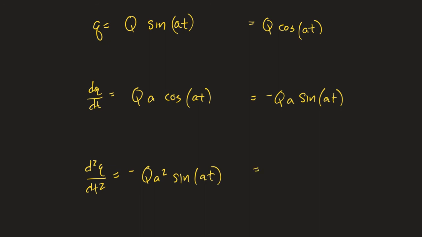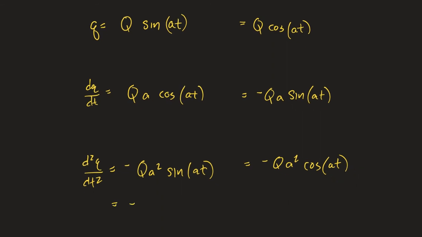The other one's going to be minus QA squared cosine AT. Both of these are possible answers because both of them do what we want them to do. In both examples, we get back a minus sign, a constant, and the original function. In both equations we do.